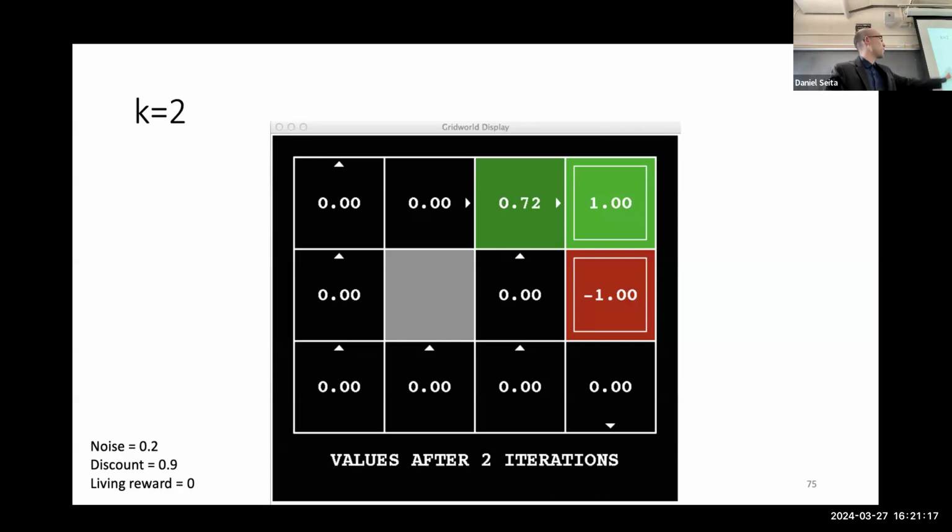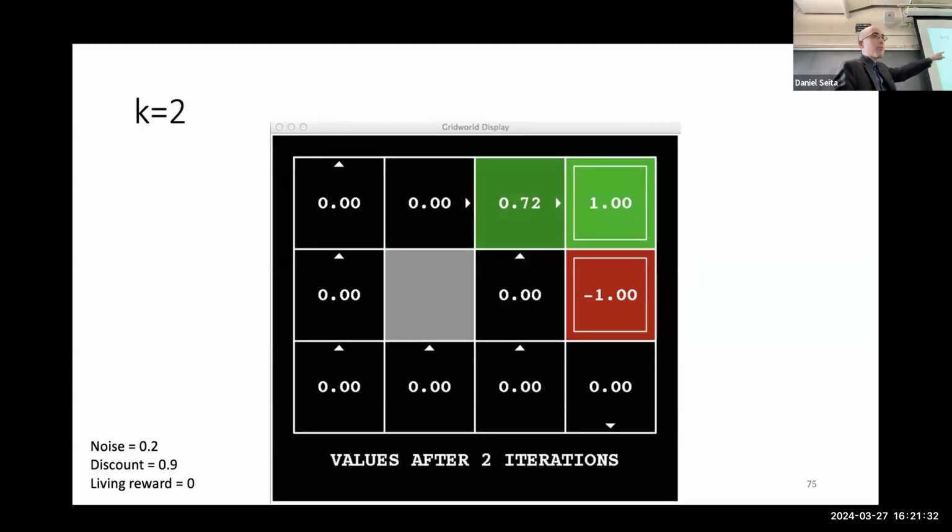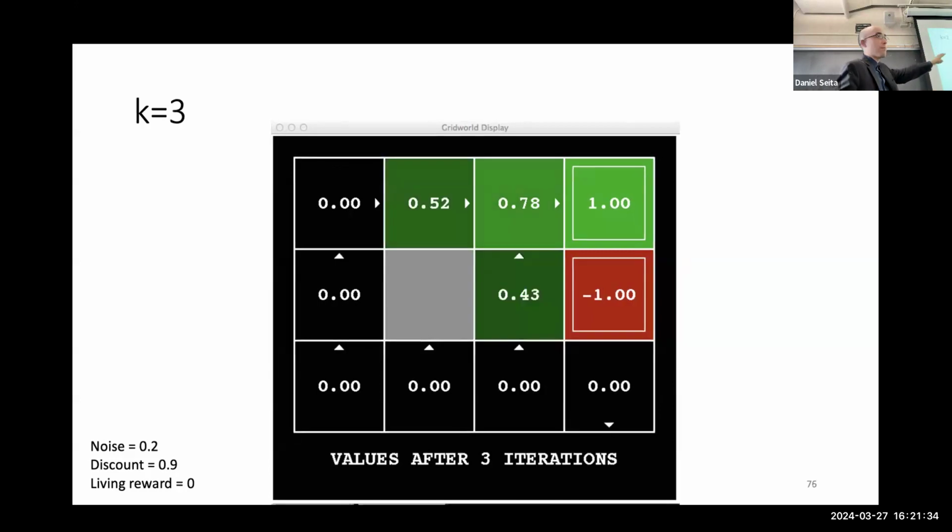All right, do you remember what the next numbers were? I don't remember, but 0.85 would be... 7, 8. Nope, it was close. But you see why the number increases from 0.72 to 0.78.